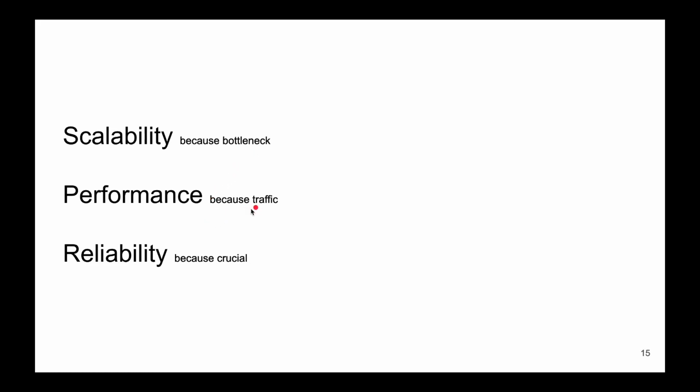And performance because every packet flow needs to go through the controller during the flow setup process, so the controller should be capable of handling more traffic than end hosts. Lastly, reliability because the SDN controller is such a crucial control point in the SDN infrastructure. If a controller is down, then it collapses the whole network.